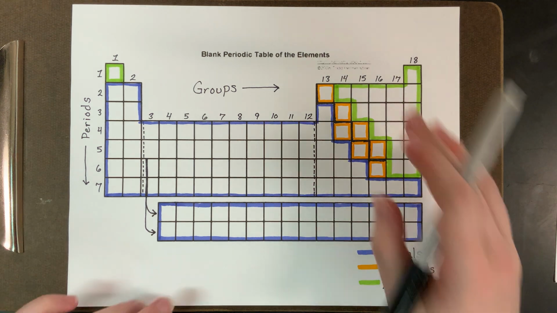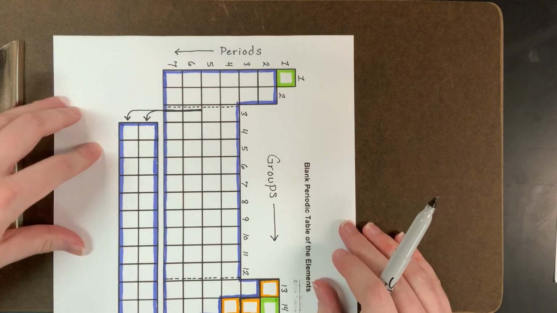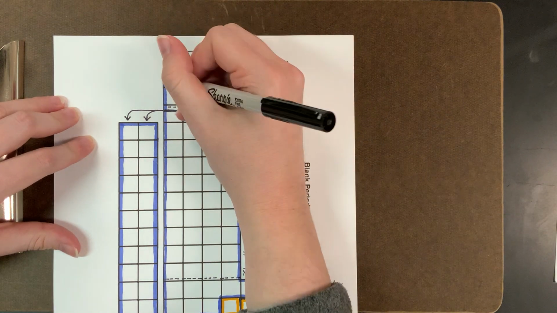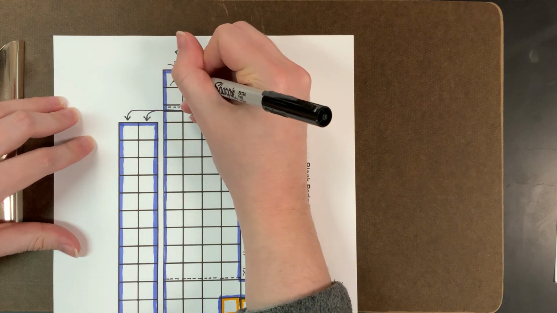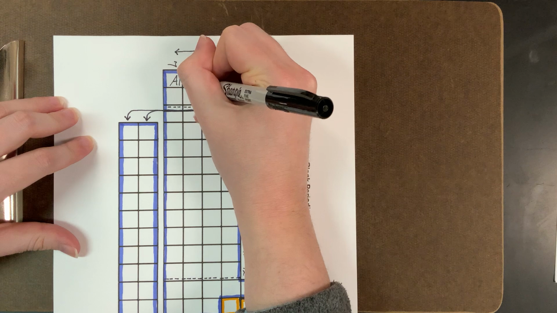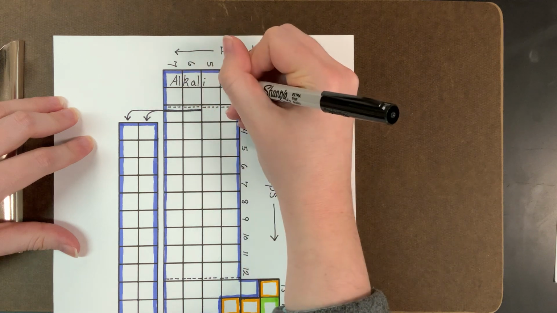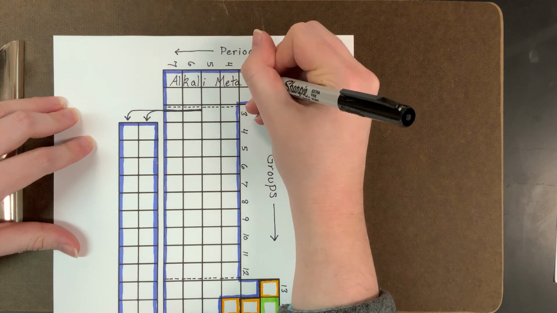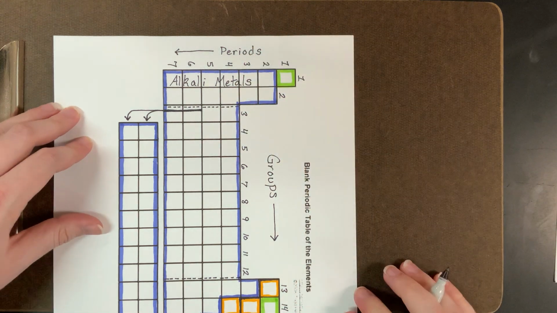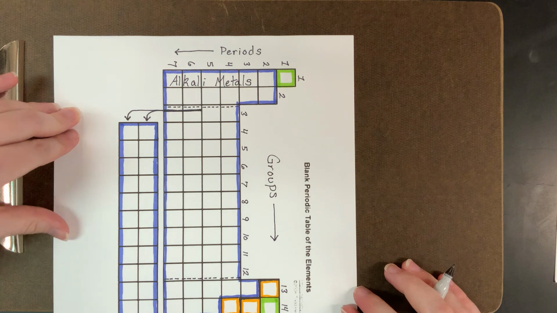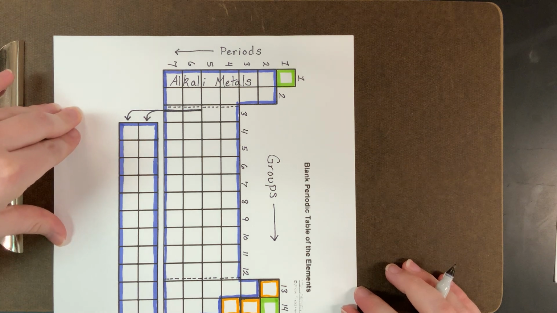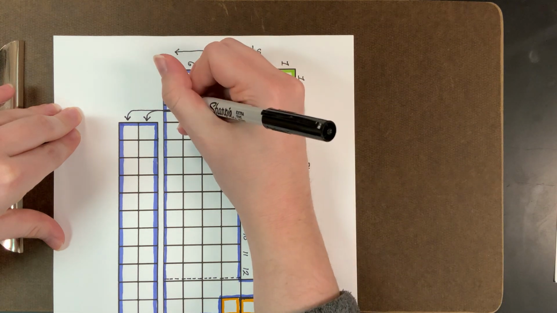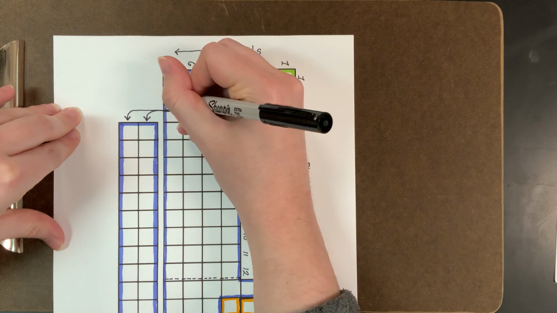So now let's go through and name these. Group 1 are the alkali metals. Okay, the alkali metals are the most reactive of all of the metal groups. Group 2 are the alkaline earth metals.